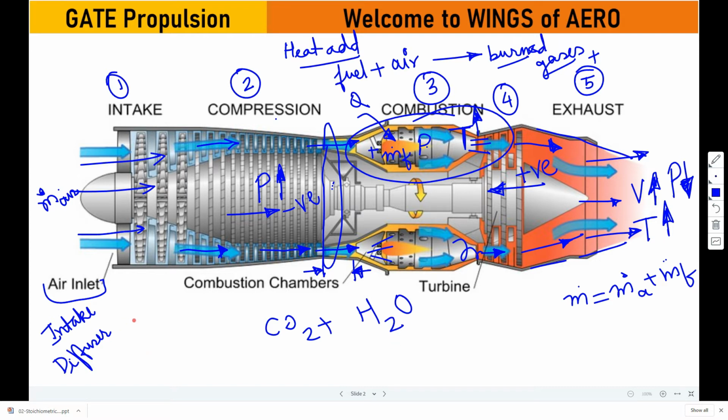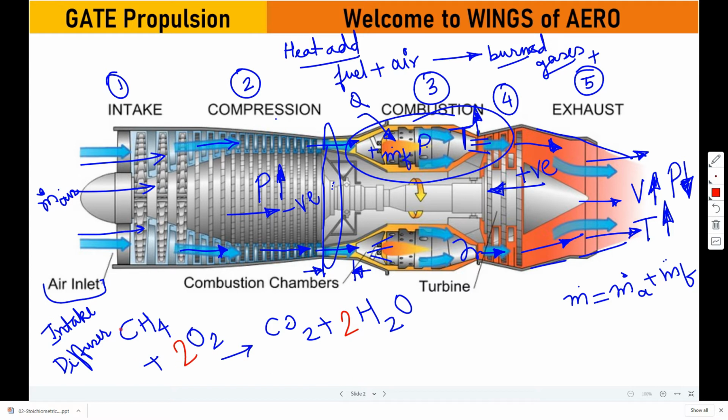Now if I have to combust methane CH4 with some amount of oxygen, because we need an oxidizer to combust it, we need to balance the system. How can I balance it? CH4 plus 2 O2 gives CO2, we have C1 here, 1 and 2. Now this is balanced.